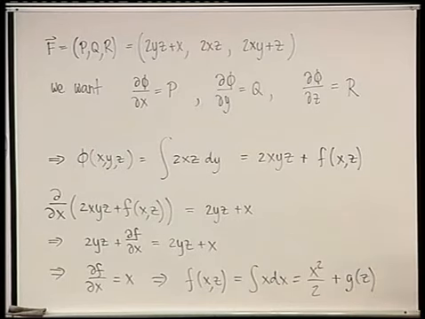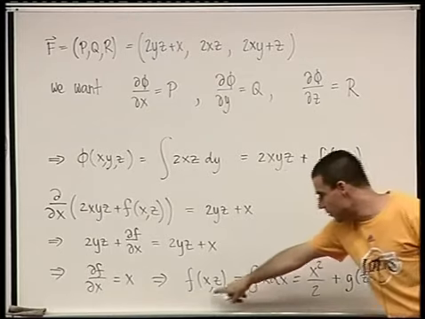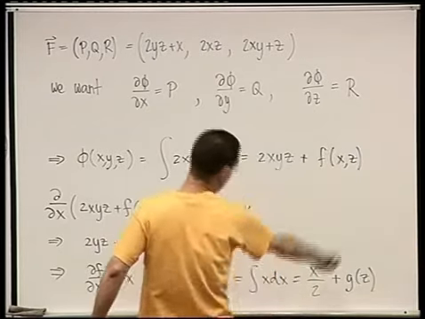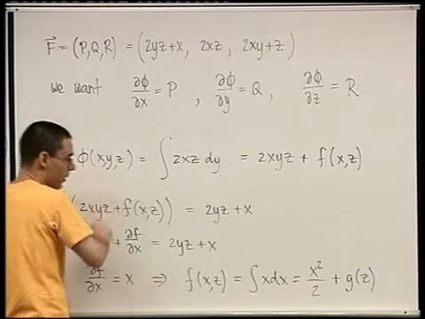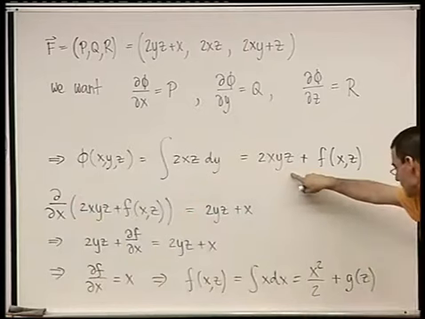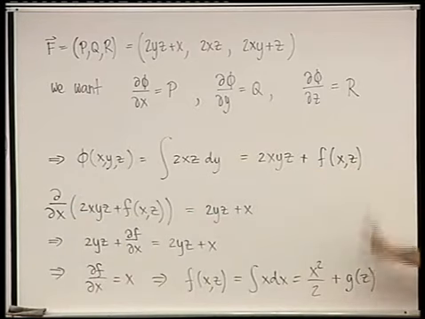Good? So now we know f of x, z, we can plug it back in. So now we know that phi of x, y, z is of the form 2xyz plus x squared over 2 plus something that has only z's in it, g.